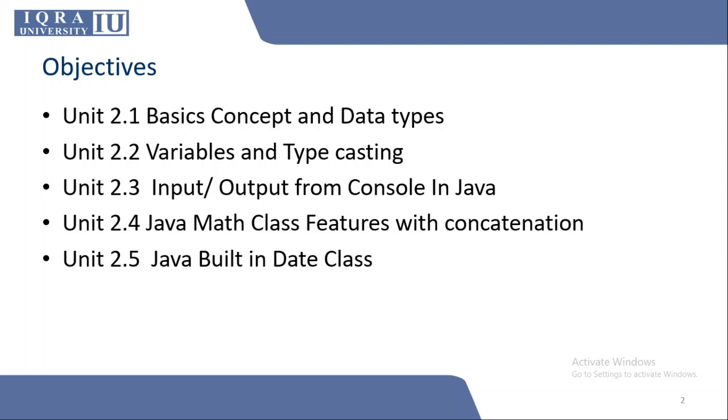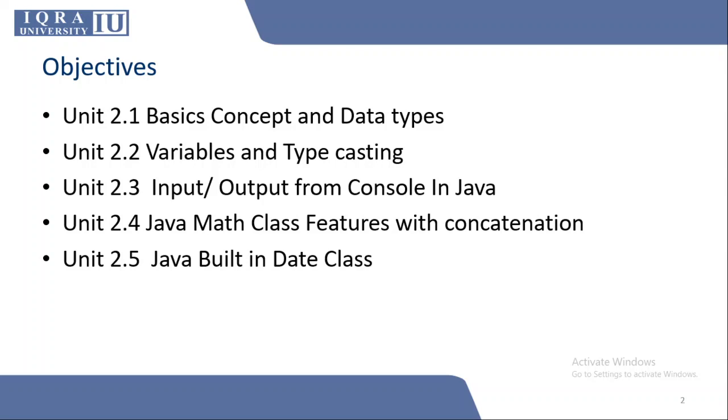The objectives of lab session number 2 are divided into the following 5 units: unit 2.1, 2.2, 2.3, 2.4, 2.5. In unit 2.1 we will see basic concepts of Java and data types.